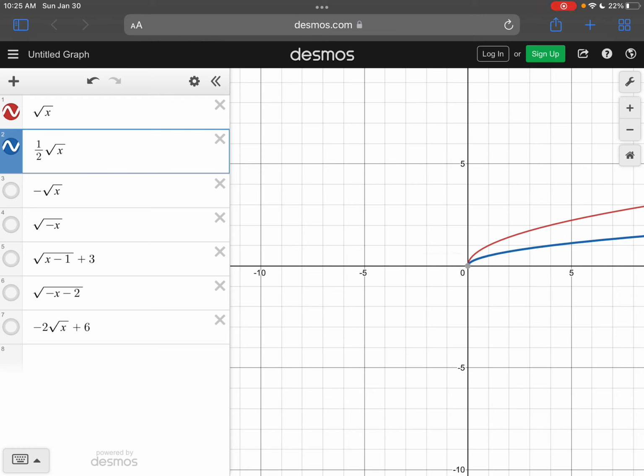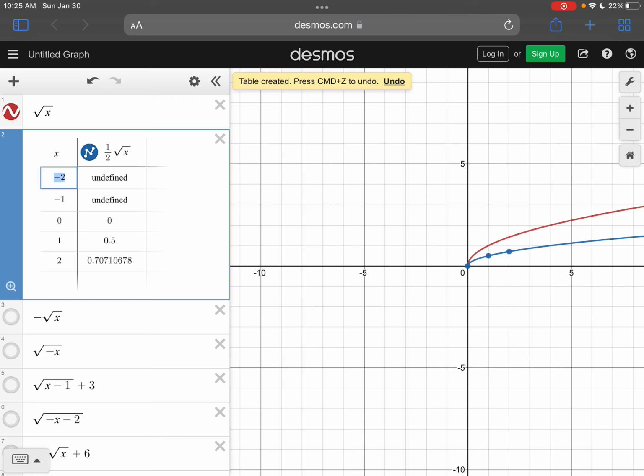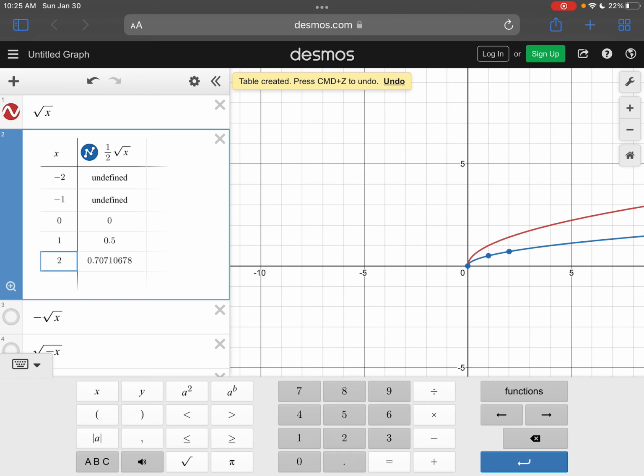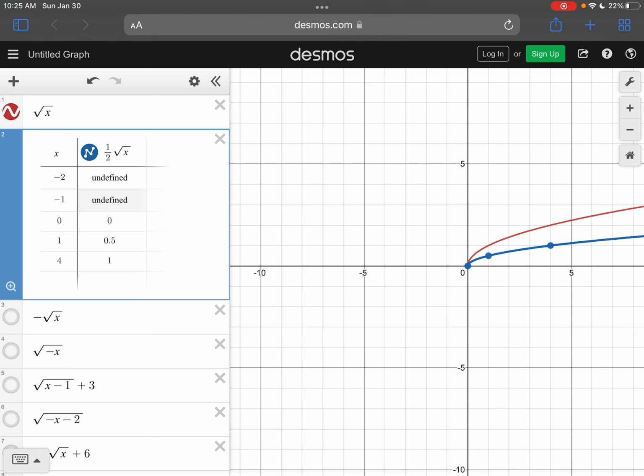0, 1, and 4. If you're ever not sure, remember that you can hit the settings gear and then click on table. Here I could change this one to a 4. And you can see that those are the 3 points that I'm going to graph. These 2 up here are listed as undefined because the graph hasn't started at those points yet.